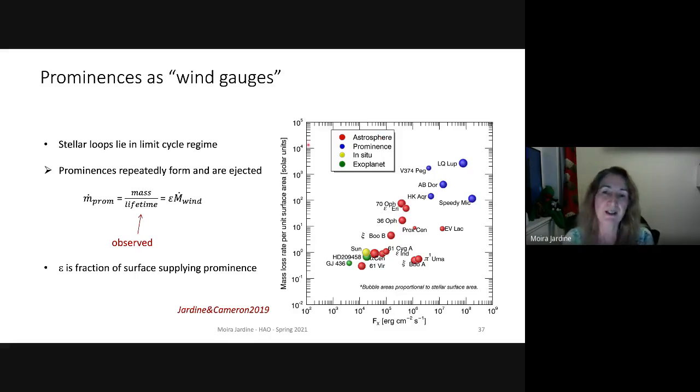But on the right here, I've redrawn that complicated diagram, mass loss per unit surface area against X-ray flux. And up in this part of the diagram is where we had no observational data points before. And the prominences fill this area in really nicely. And it shows the trend continuing out to the very high X-ray fluxes that are observed for these stars.